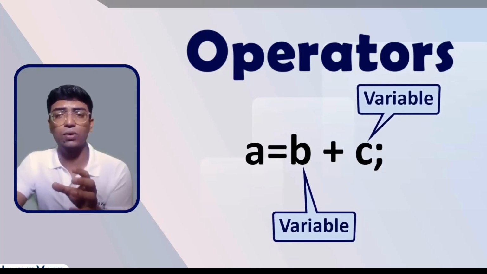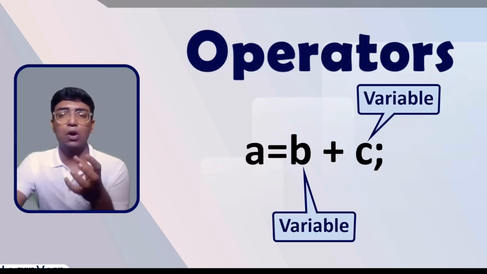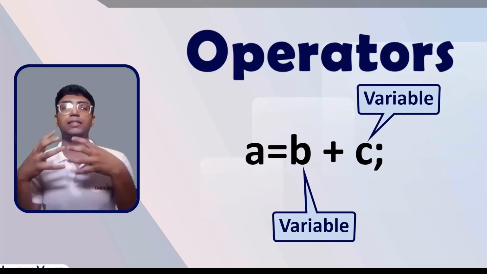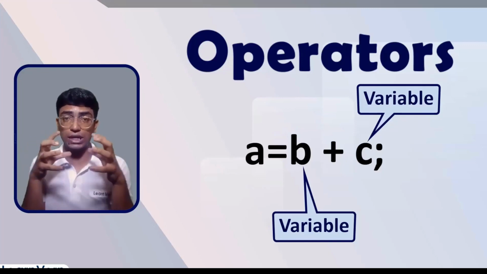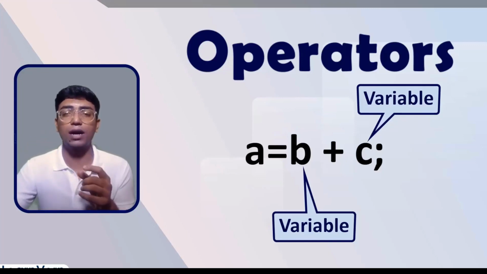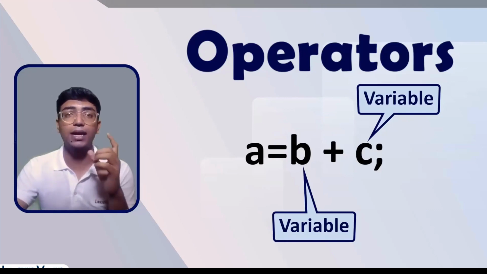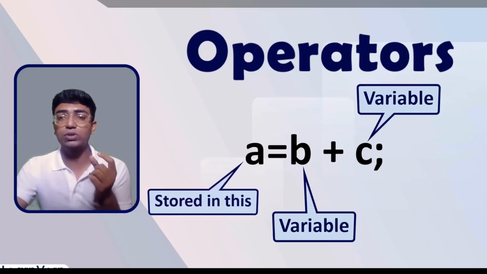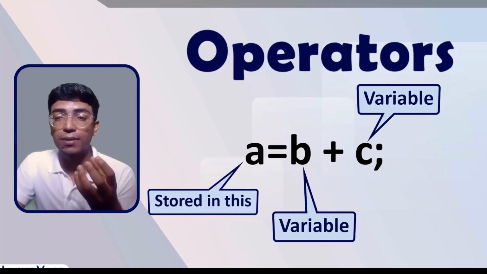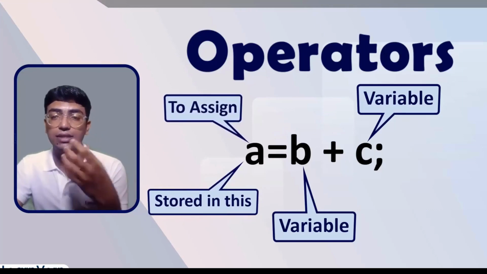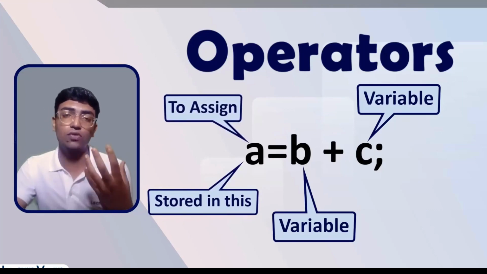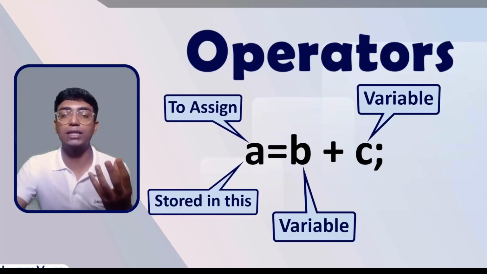These two are being added by using the plus sign, and the addition of the values inside B plus C is being stored in the third variable, which is called A. So this equal to sign means to assign. The value that was coming from B plus C was getting assigned to a variable.